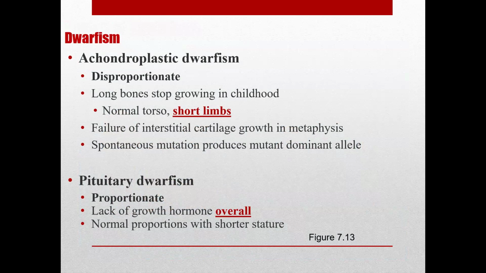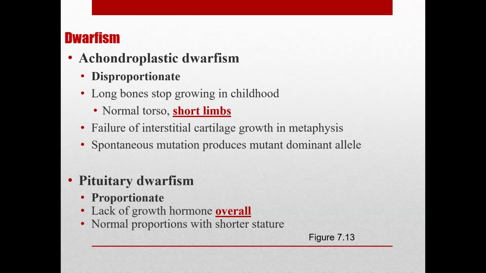But if just the limbs are smaller, notice the difference here, and you see someone with a normal shaped torso that actually looks longer, that's a different kind of dwarfism called disproportionate. So you'll see these two in A&P 2 and be tested on them there. I'm not going to test them in our course.